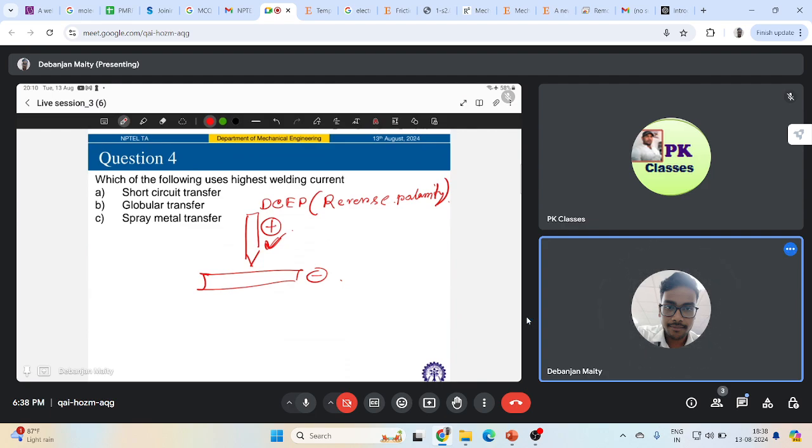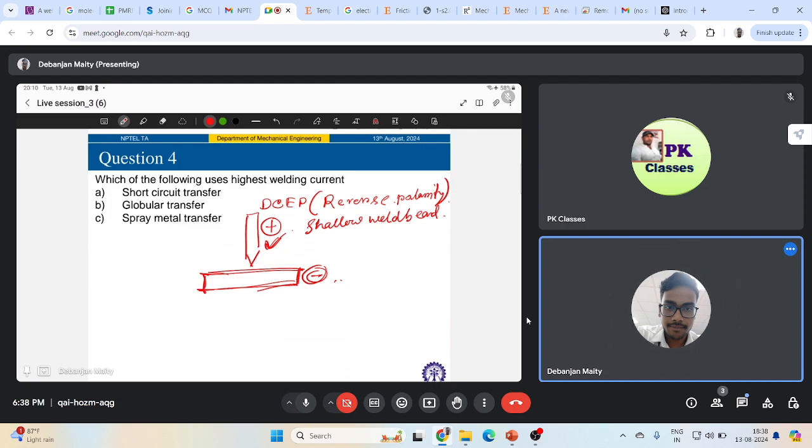right? So what will happen as a result? Consequently, a shallow weld bead will be produced. So reverse polarity will give me a shallow weld bead, because heating is not much at the workpiece side. So the weld bead it will produce is shallow in nature, right?